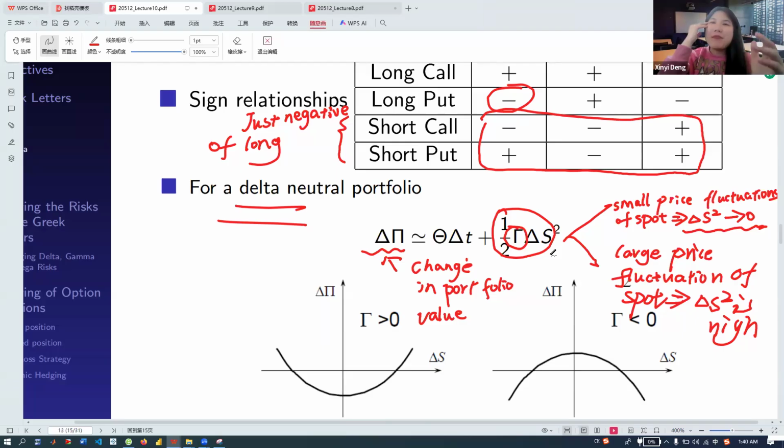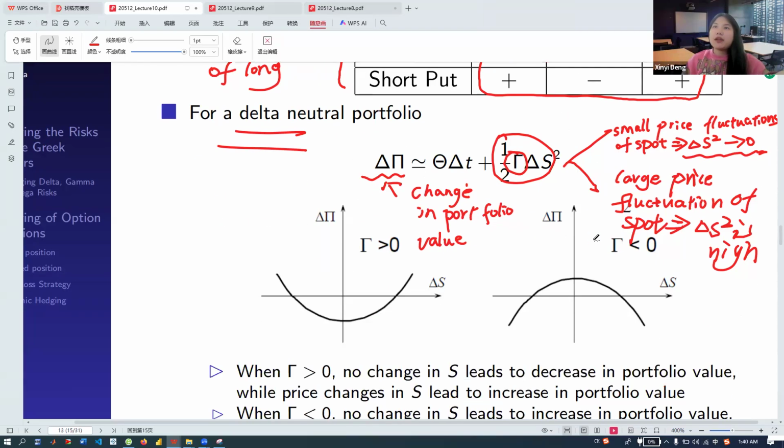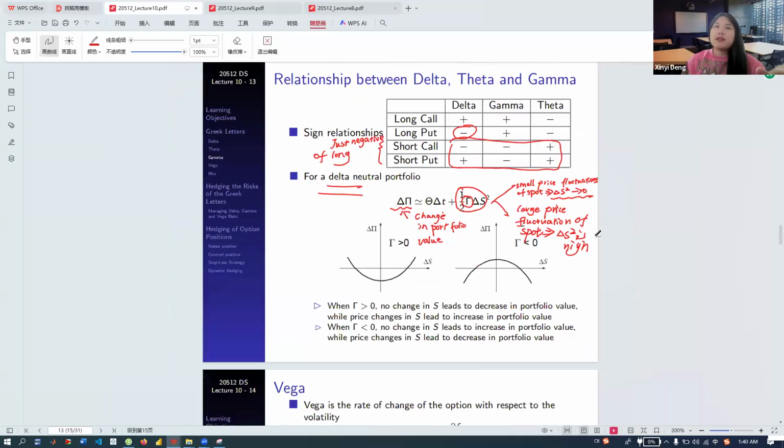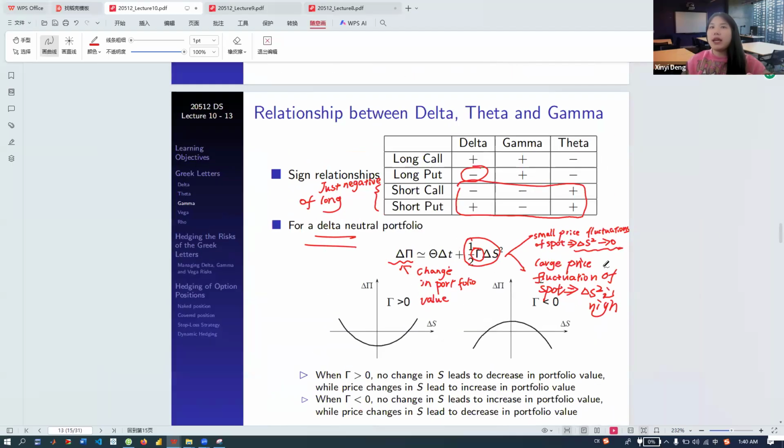It's not impacted by delta S squared if delta S is small, but gamma not equal to zero means that your portfolio value will still be impacted by large delta S squared, by large price movements. This formula also helps expand on the tip.